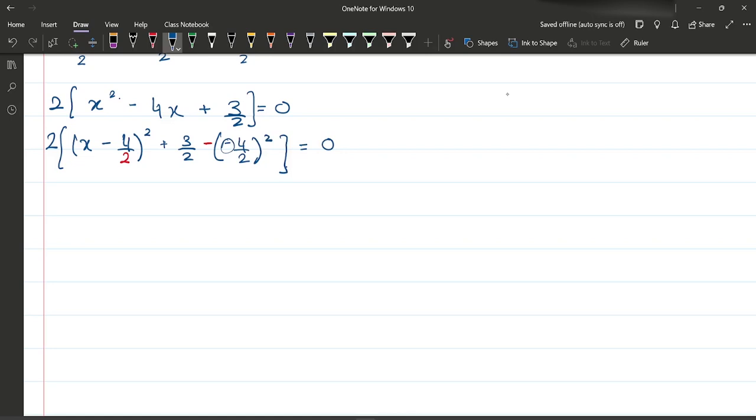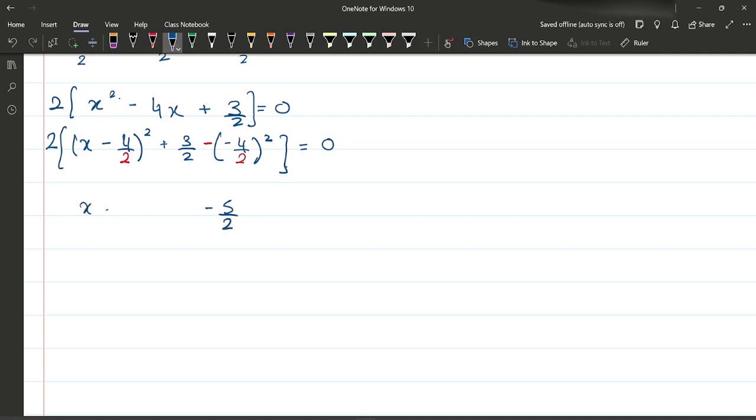Had this one been positive, you would not write the minus. Okay, so 3 over 2 minus 4 over 2 squared. I should probably write this as minus as well, in red. So this gives me a minus 5 over 2.